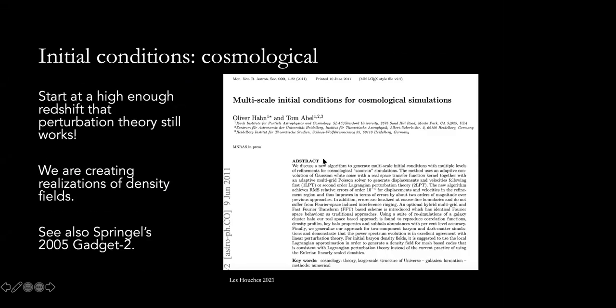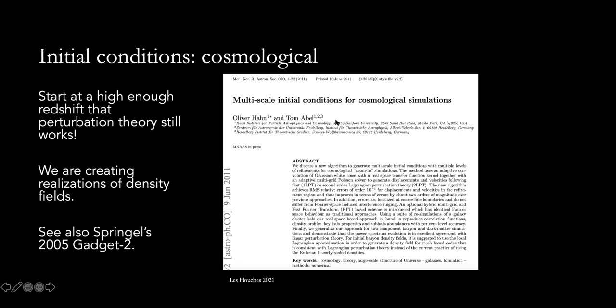Usually we start simulations for cosmological purposes where linear theory still kind of holds. And then we basically evolve things forward using, in this case, the GR version of the Boltzmann-Poisson equations.